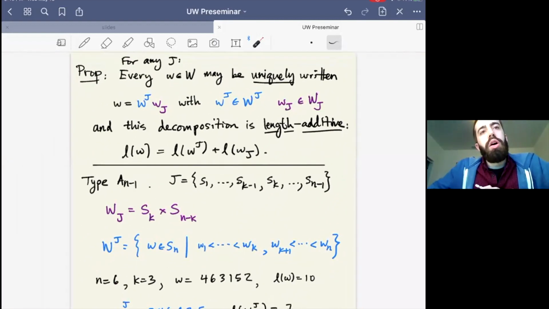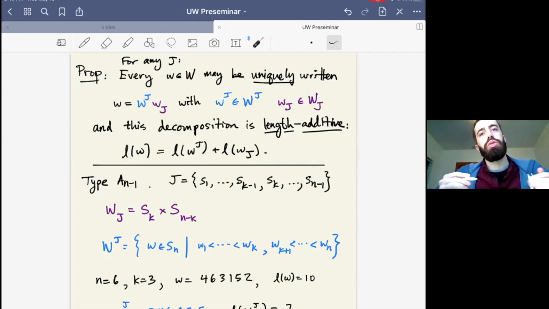Now, a proposition, which isn't so hard, will be interesting to us because we're going to be generalizing this in some sense in the main talk. If J is any subset of S, the proposition says that every element w in the group can be uniquely written as a product of something in the parabolic quotient times something in the parabolic subgroup.